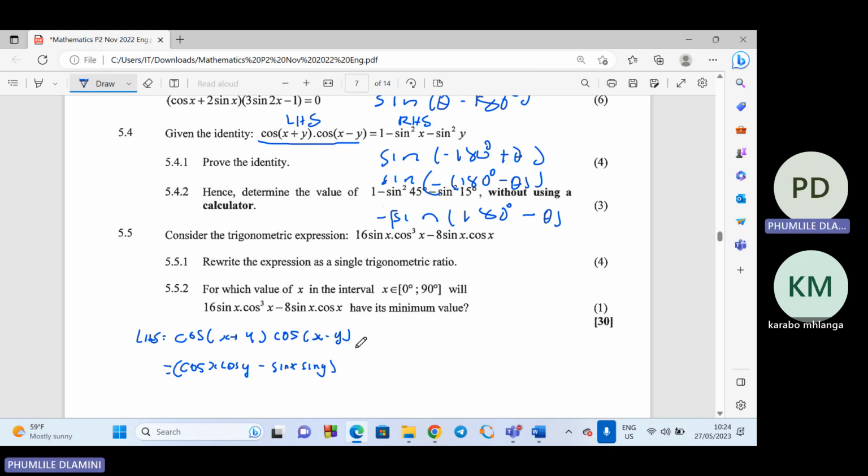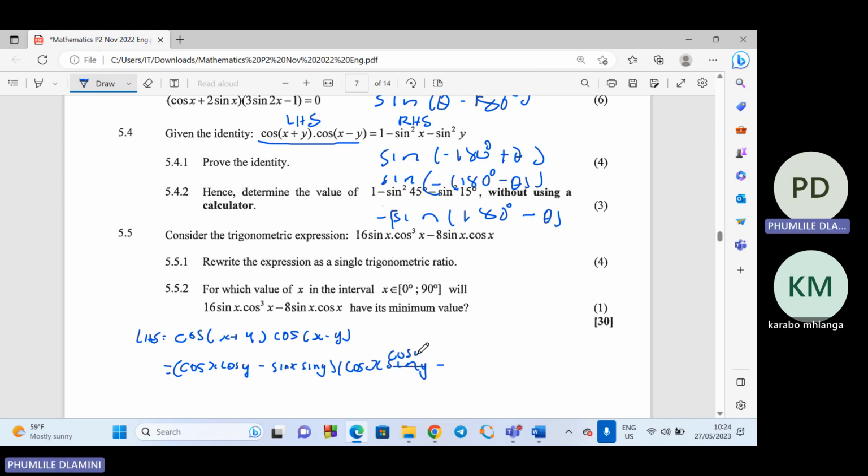Then what is cos(x − y) going to be? You can put brackets. It's going to be cos x cos y. Sorry, not cos x sin y, it's cos x cos y.